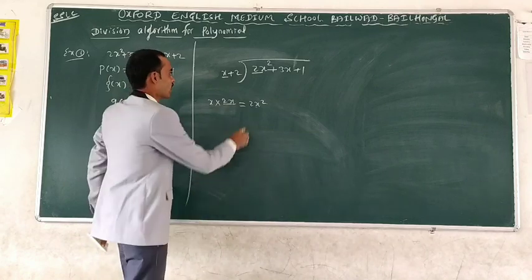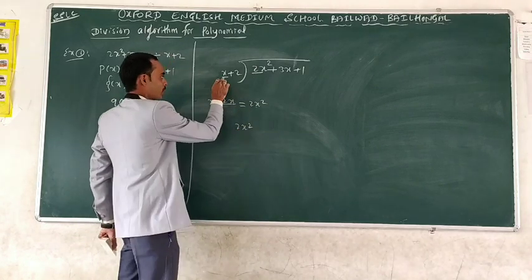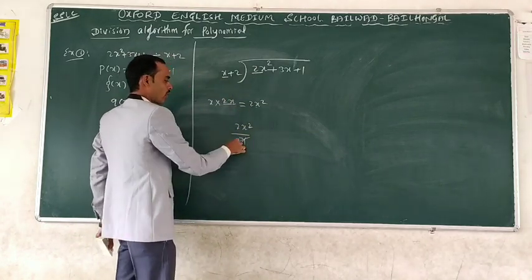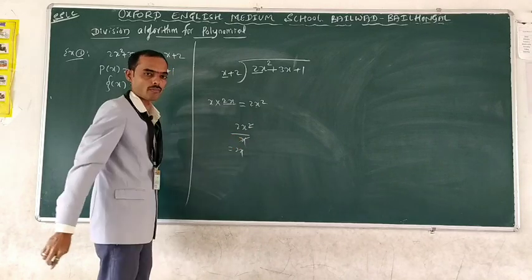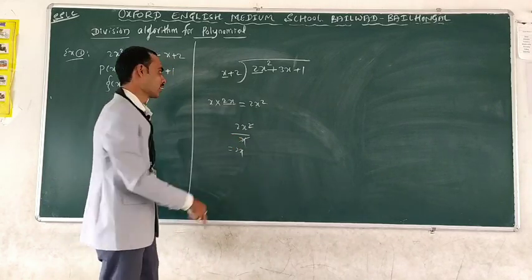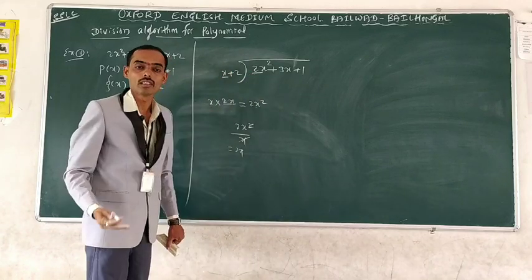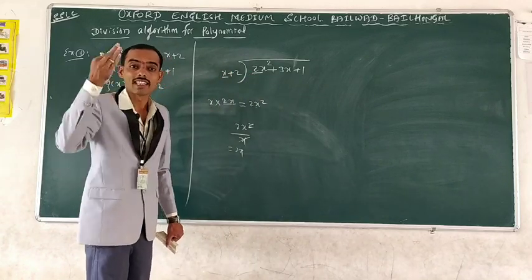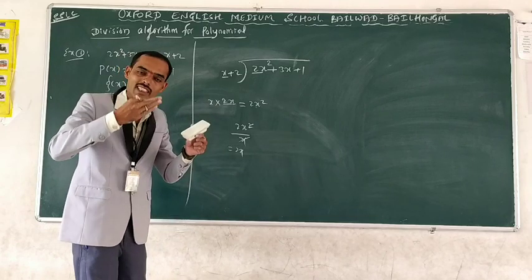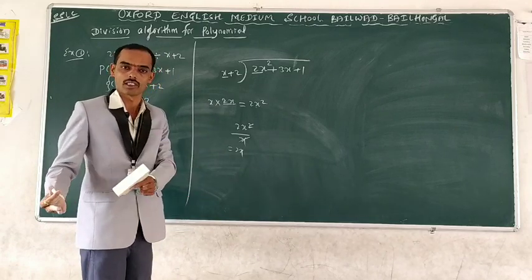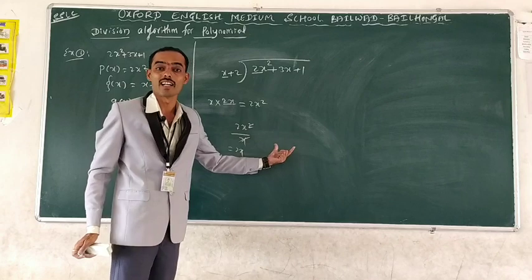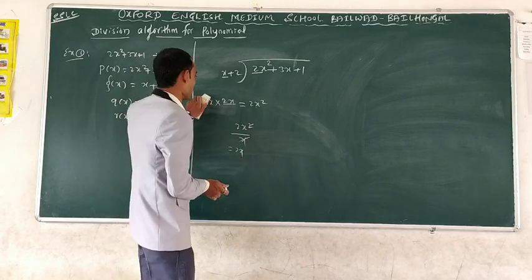We divide 2x square by x, the x cancels, and we get 2x. Why is it needed? Because of cancellation. We have to cancel each term in the particular steps, and then we finally get the remainder.